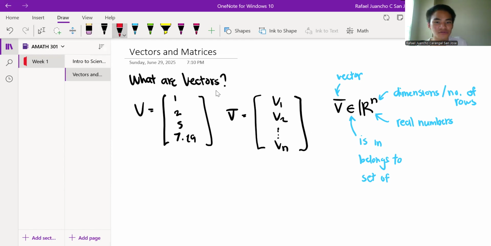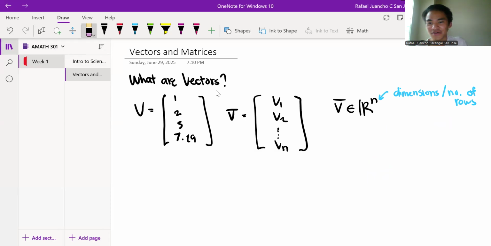Here we have 4 rows: 1, 2, 5, 7.29. So this is v, an element of the real numbers with dimension 4 because it has 4 rows. Okay, so that's that. A little bit of notation going on here.